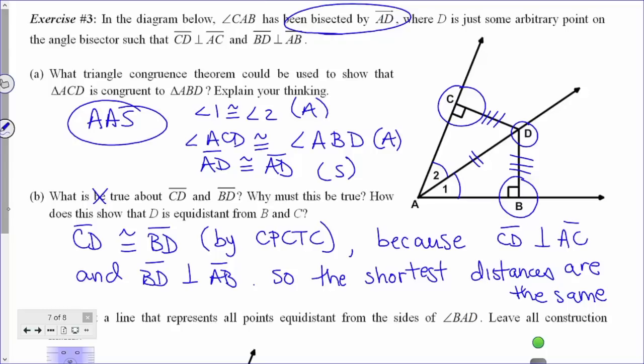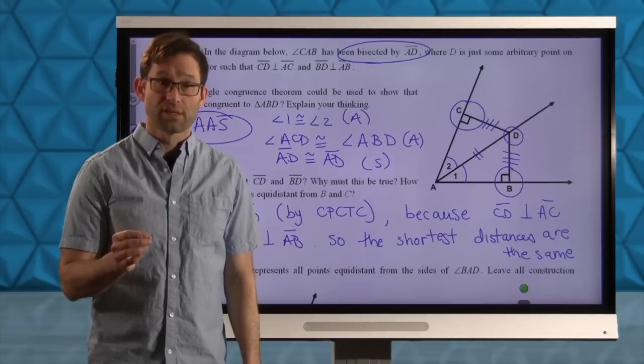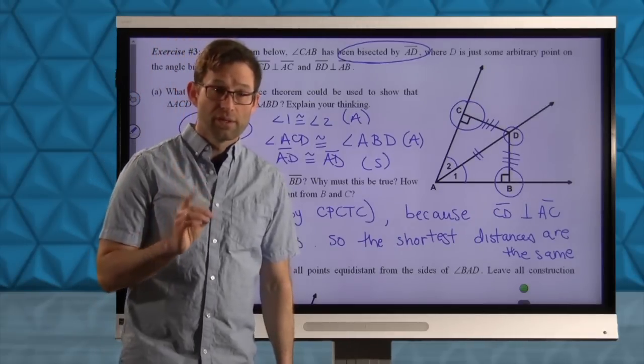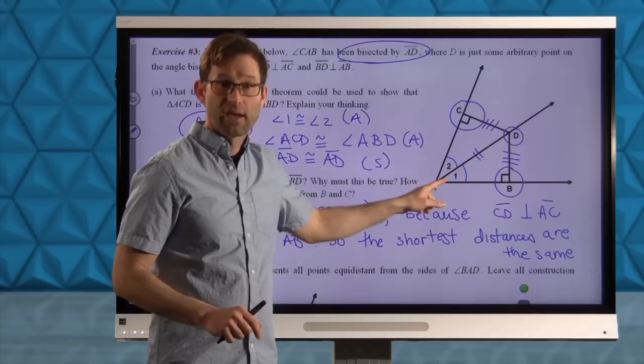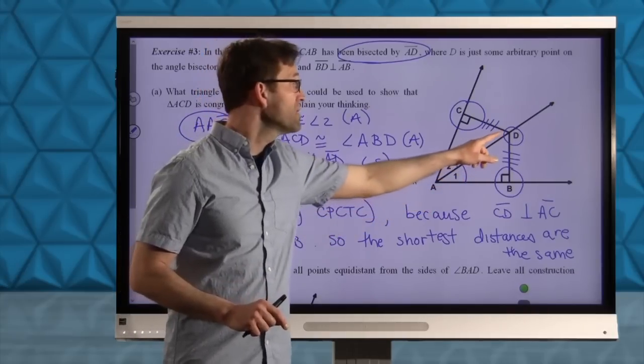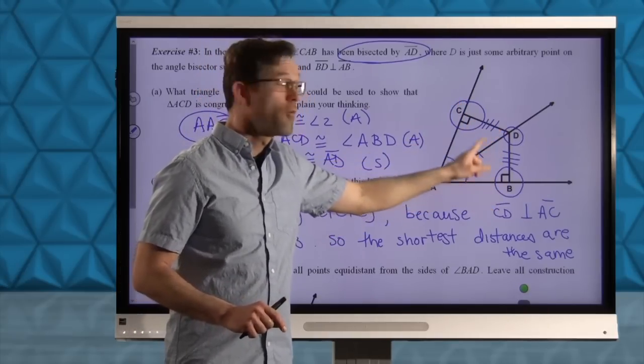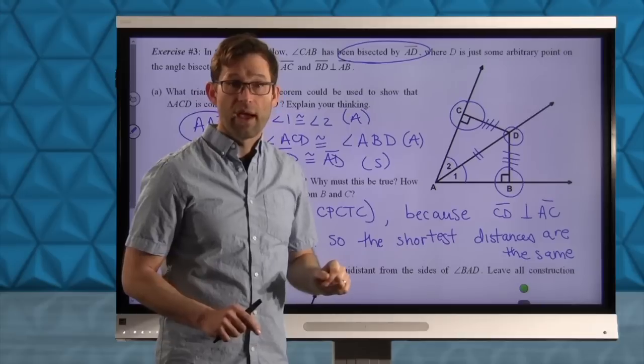Now, understand what this all gets at. What this all gets at is something that we saw a few lessons ago, which is if a point lies on the angle bisector of an angle, then it must lie equidistant from the two rays of the angle.